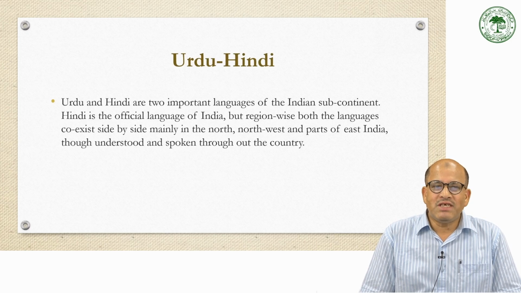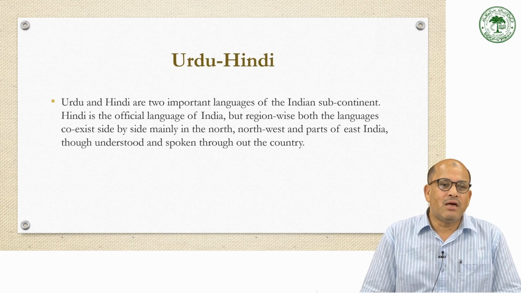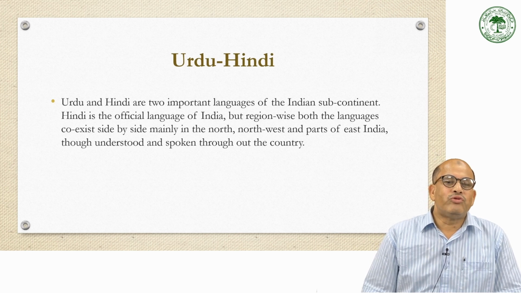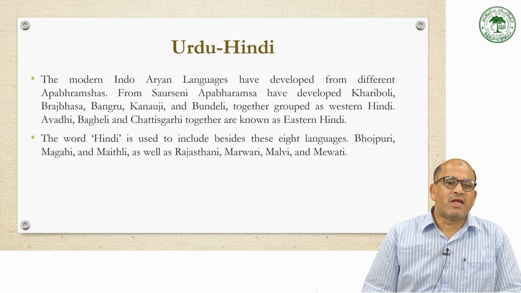Hindi is the official language of India, but region-wise, both the languages coexist side by side, mainly in the north, northwest, and parts of East India, though understood and spoken throughout the country. So we know Hindi and Urdu are also called a lingua franca, very popular to communicate our feelings, emotions throughout the country.